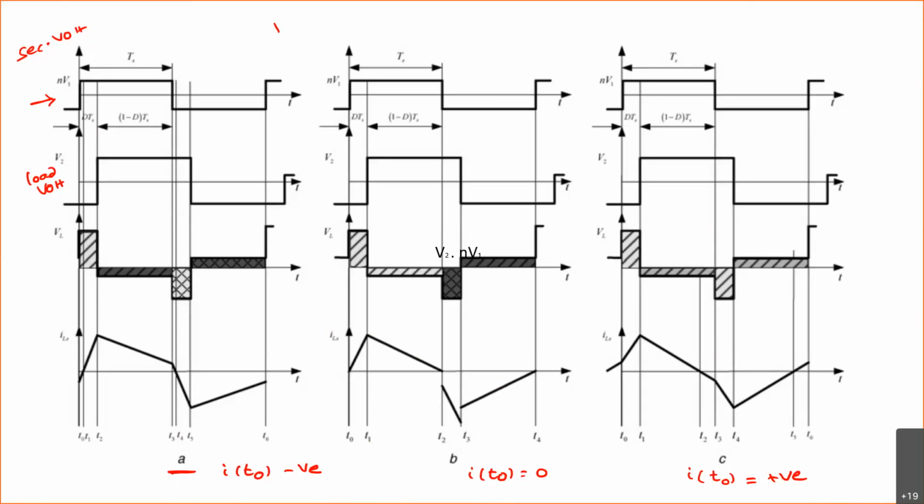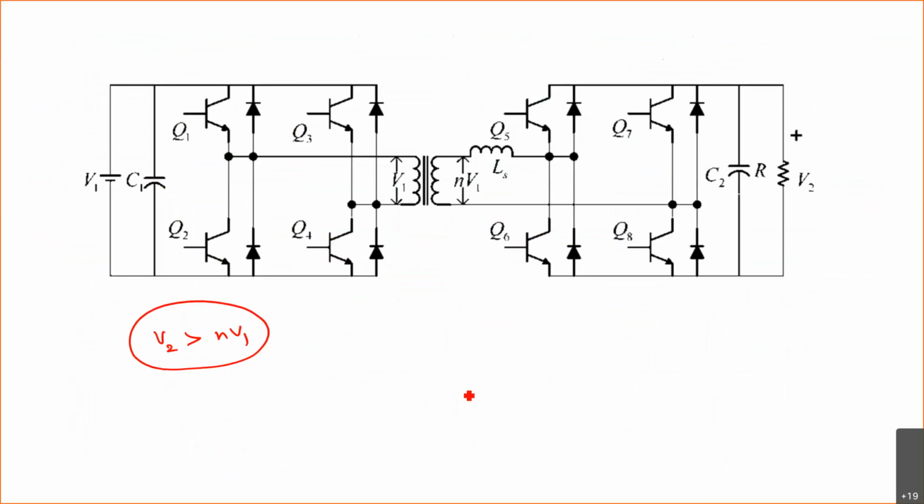Therefore its value is N V1, and its value is V2. So here we are talking about N V1, the secondary voltage of the transformer, and on the other side we have V2.